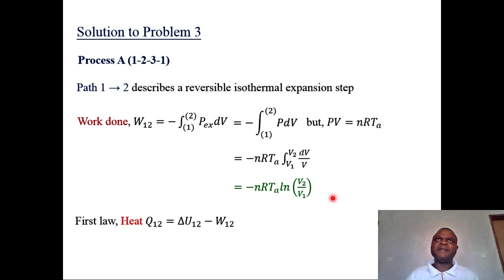This is our expression. Work 1 to 2 is the one which we have calculated, minus RT ln of V2 over V1. The change in internal energy during that isothermal process can be calculated from the definition of specific heat capacity at constant volume.